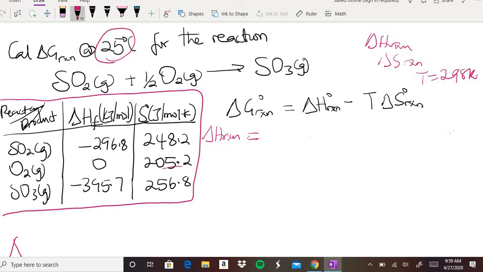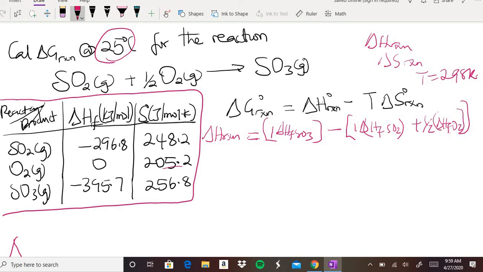Our product here is SO3, so we have 1 of delta Hf for SO3, minus 1 of delta Hf of SO2 plus half of delta Hf of oxygen.